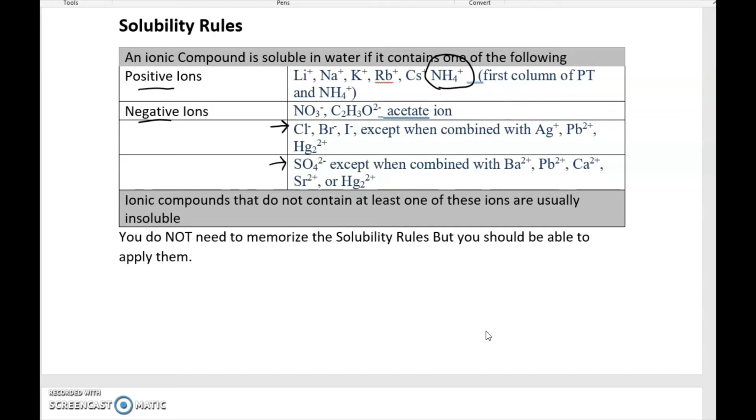Sulfate is soluble except when combined with, there's a whole list of ions here. You just have to check them. Soluble ionic compounds that do not contain at least one of these are going to be insoluble. So if you don't see it on this list, it's probably insoluble, and you can write it down as insoluble.